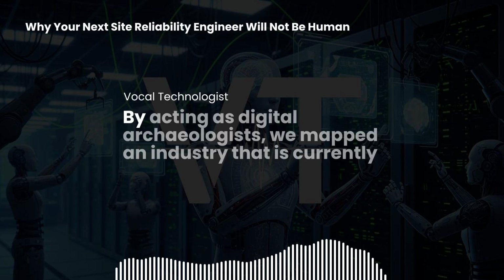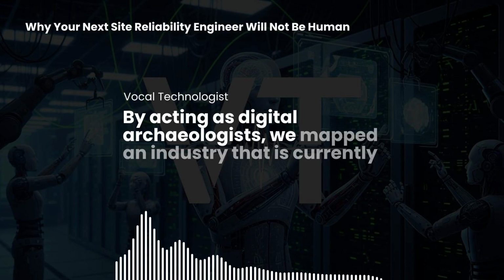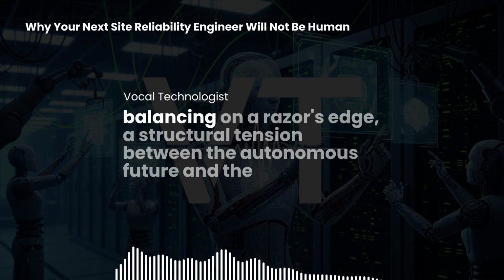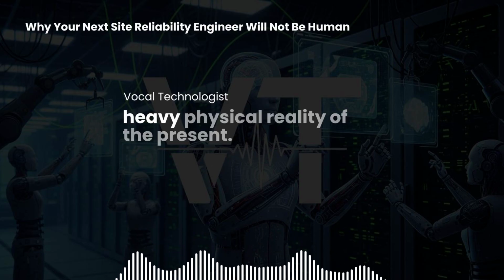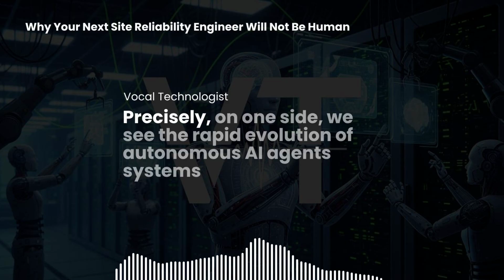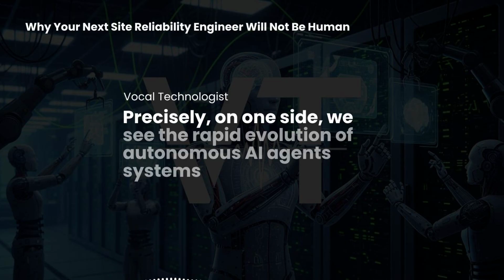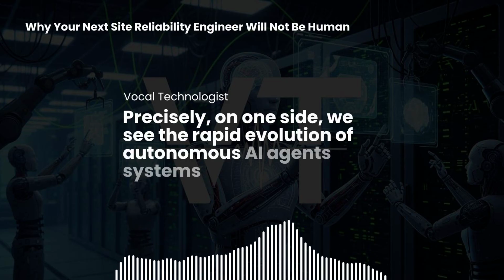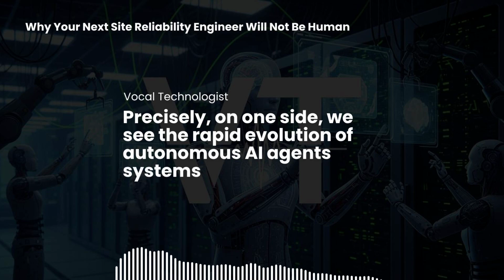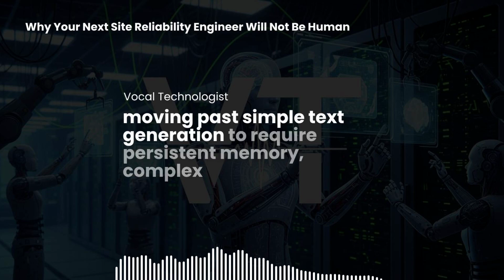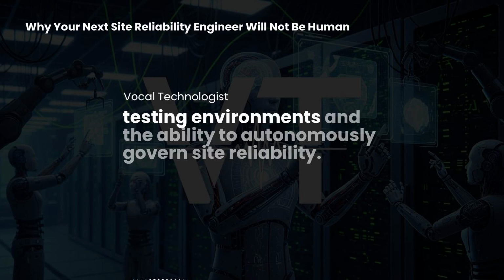It's incredible, isn't it? By acting as digital archaeologists, we mapped an industry that is currently balancing on a razor's edge. A structural tension between the autonomous future and the heavy physical reality of the present. Precisely. On one side, we see the rapid evolution of autonomous AI agent systems, moving past simple text generation to require persistent memory, complex testing environments, and the ability to autonomously govern site reliability.